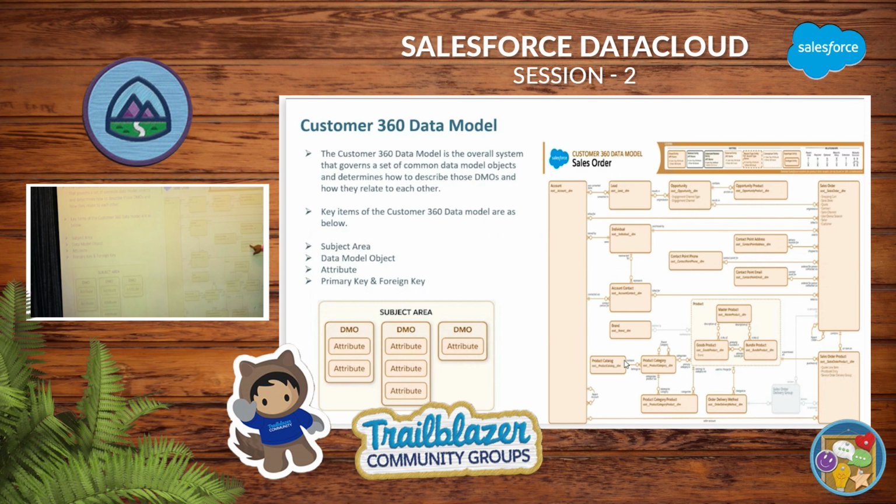We have customer email, contact point address, contact point email. So contact point address will contain only the information related to the address, customer primary address, secondary address. Customer email will hold all the records having the email information of my customer.